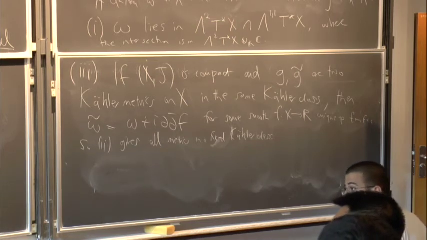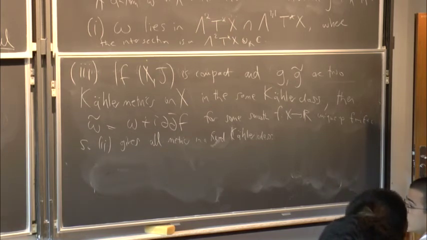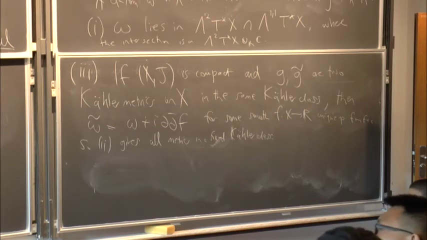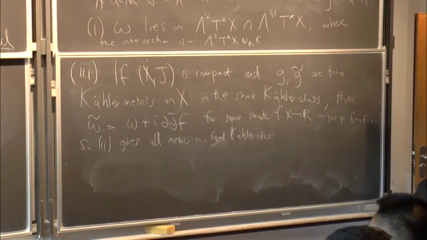Okay, well, the next topic will be Ricci curvature of Kähler manifolds, but I think that's all. Well, let me make one more comment, and then we'll finish a bit early for today.